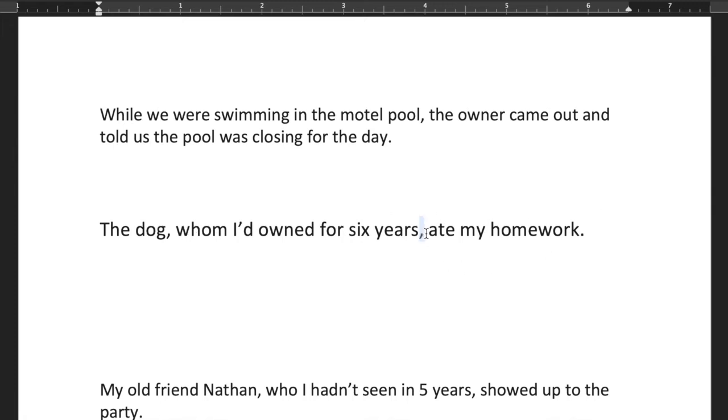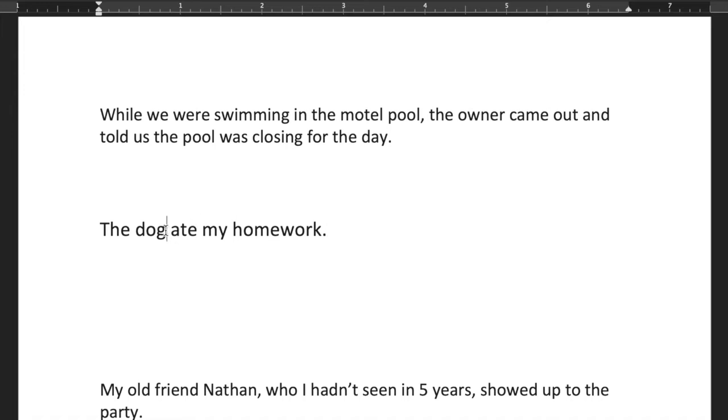There's that second comma. So this is the comma pair, and we're inserting extra information. Why is it called extra? Because it's not absolutely crucial for the original sentence, right? So I could delete it, delete the commas, and now we have that original basic sentence that still works on its own.